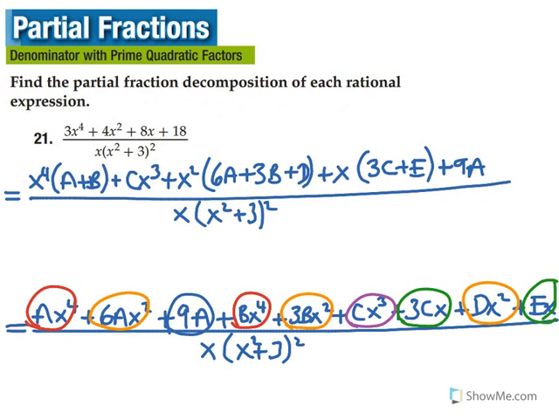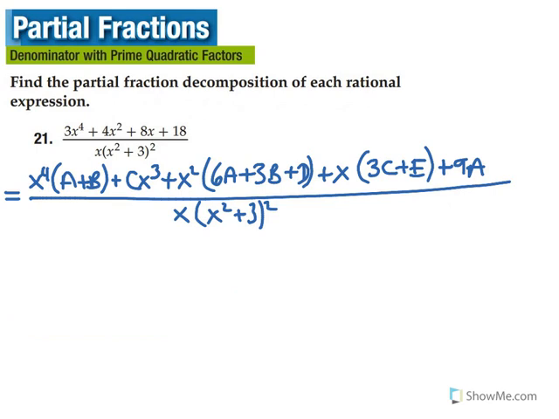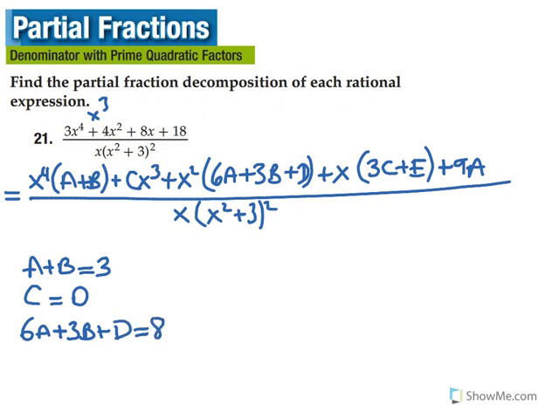Now we can write our system of equations from here. a plus b is 3, c is 0 because there is no x cubed here, and 6a plus 3b plus d is 4, it is actually not 8, 4, and 3c plus e is 8, and for the number, 9a is 18.